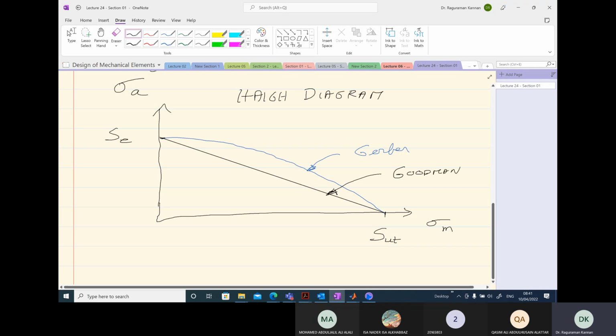Now, besides this, we need to identify another point, which is S_Y, the yield stress or yield point on both the axes. Let's assume this is the yield point, and then we have to draw the yield line as well.